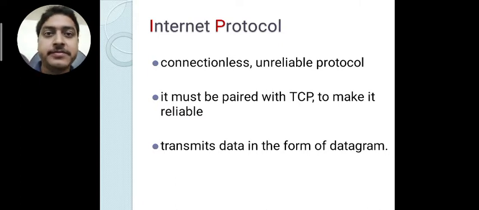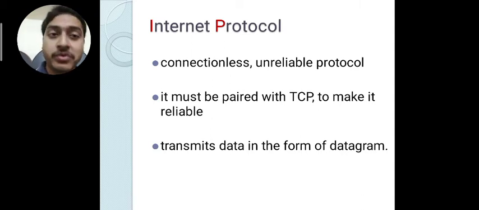In the same way, TCP creates a virtual connection, so it is connection oriented and reliable, while IP doesn't create a virtual connection, that's why it is not reliable. So it is a connectionless and unreliable protocol, and it must be paired with TCP to make it reliable.